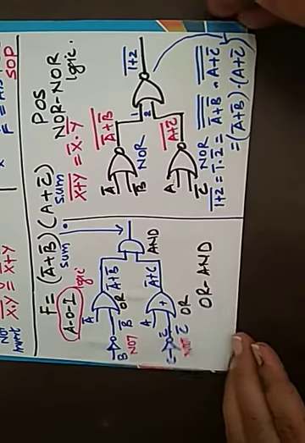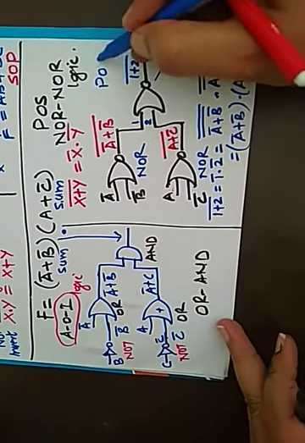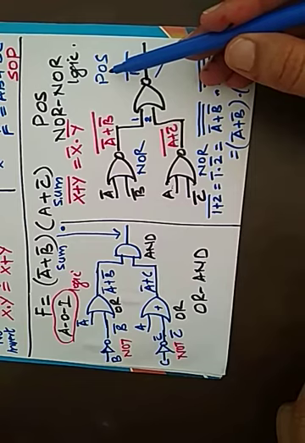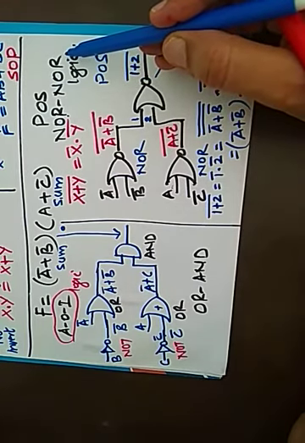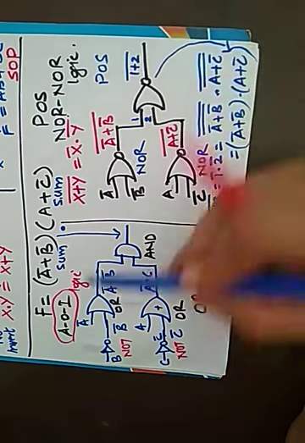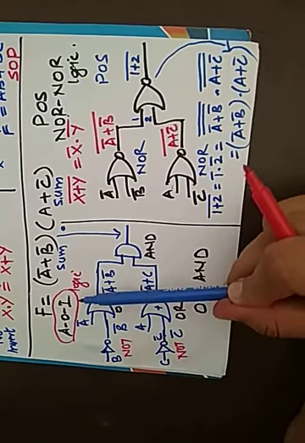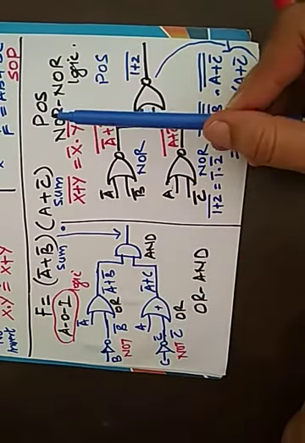So this shows us how a POS function can be implemented by NOR logic, or it can also be implemented by AND-OR-invert logic. So this is the gate implementation.